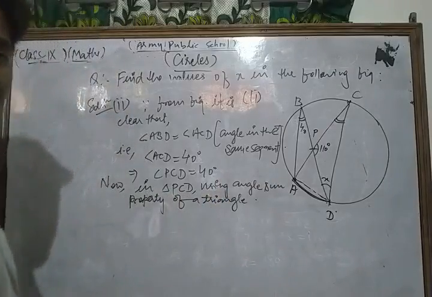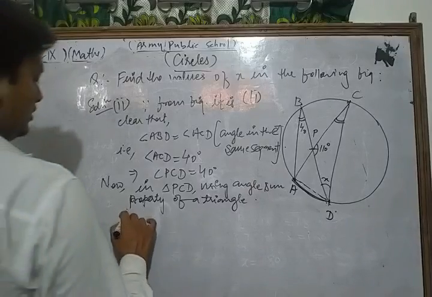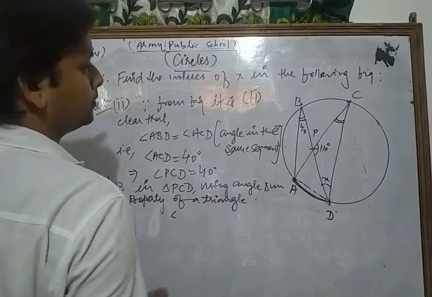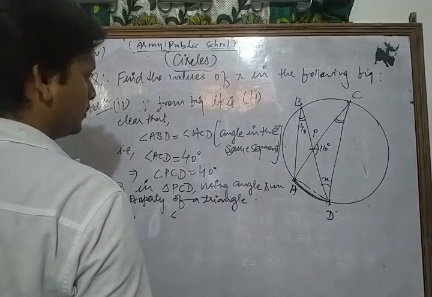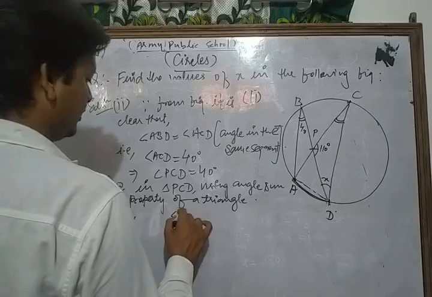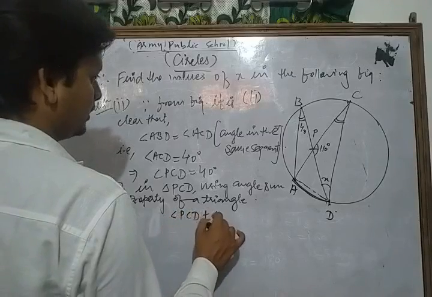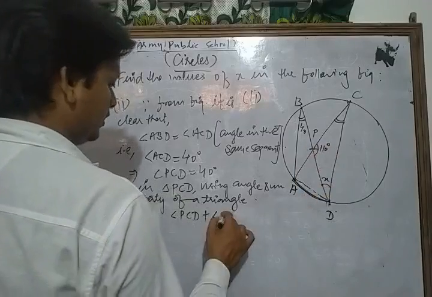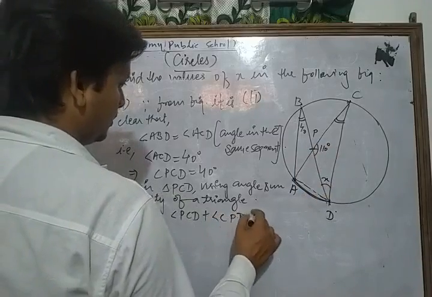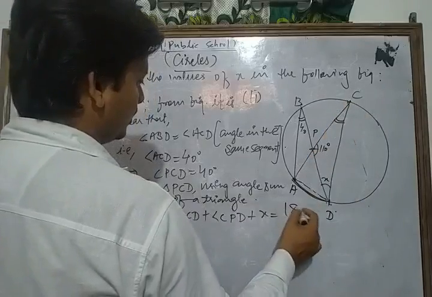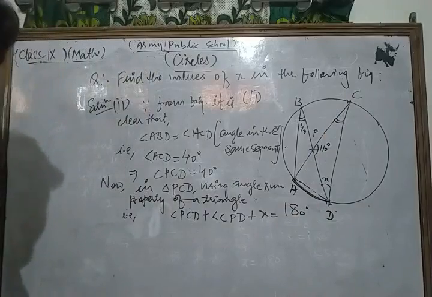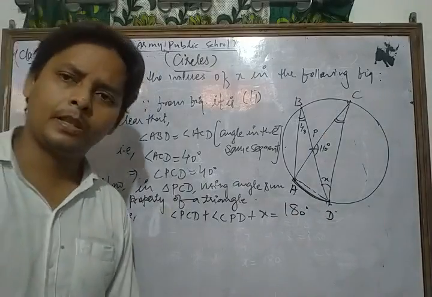Angle sum property of a triangle means angle PCD plus angle CPD plus X, meaning angle PDC, is equal to 180 degrees.